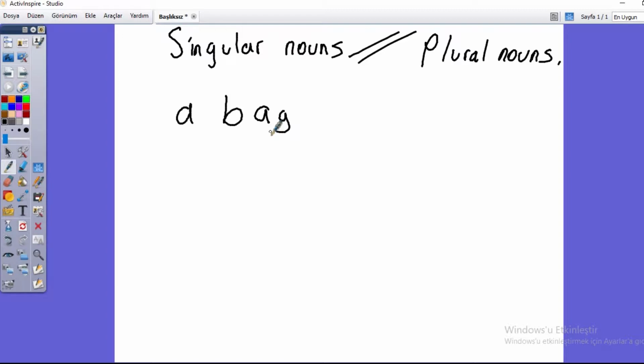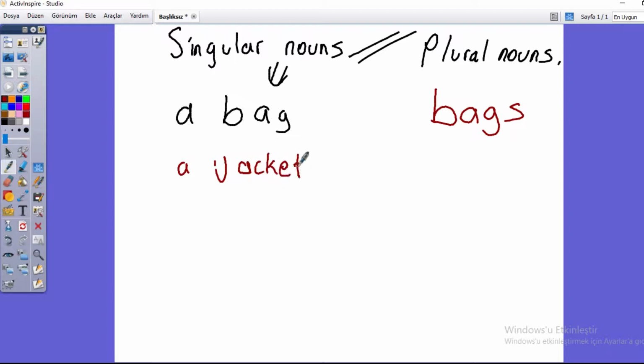A bag. This one is singular. To make plural form, we add s. So bags, for example. A jacket, plural form, jackets.